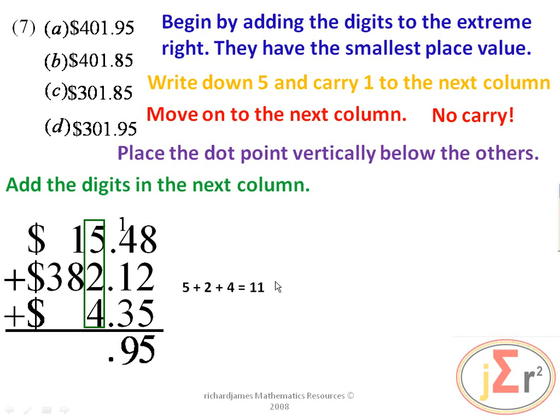So this one is the one that we place in its rightful position right here, and the other one is the digit of greater place value. It will go to the column of greater place value, and that we will clarify when we are adding numbers and the two digits are not the same. So write down 1 and carry 1 to the next column.